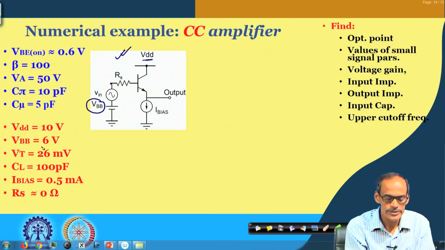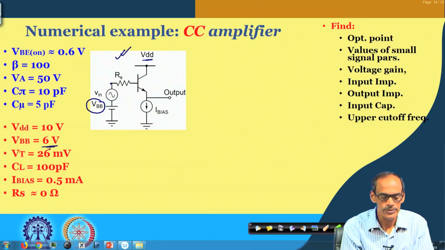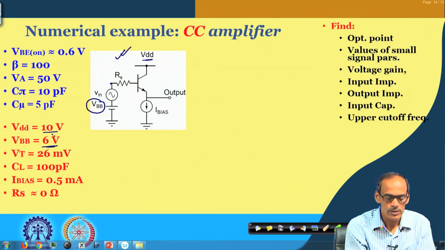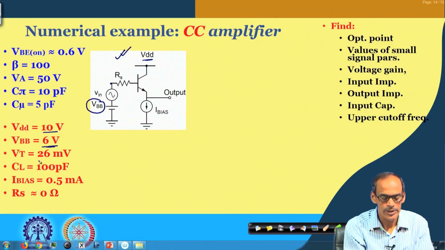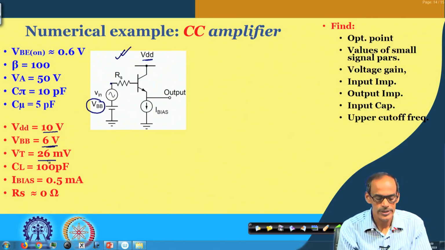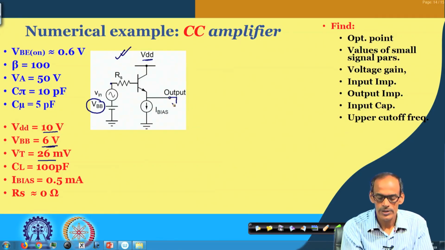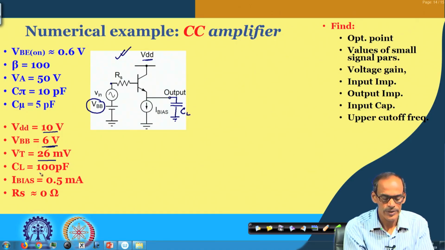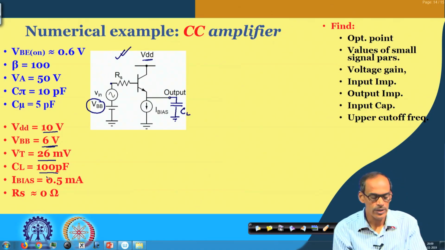VBB is 6 volt, and we assume the thermal equivalent voltage is 26 millivolt. We are also considering a load capacitance CL connected at the output node, and its value is 100 picofarad.